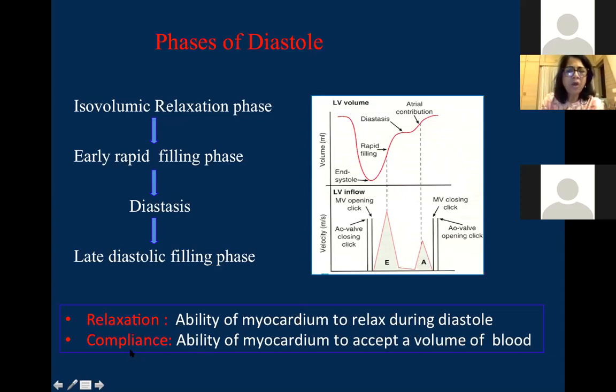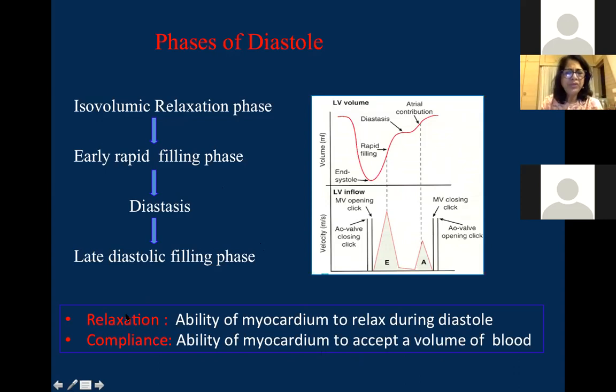And another is the compliance, which is the ability of the myocardium to accept a volume of the blood. As the blood goes from the LA to LV, the LV should be in a position to receive the blood. So basically, compliance is the change in volume in response to pressure.